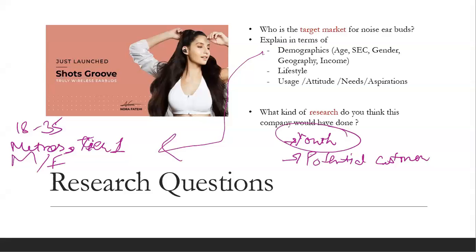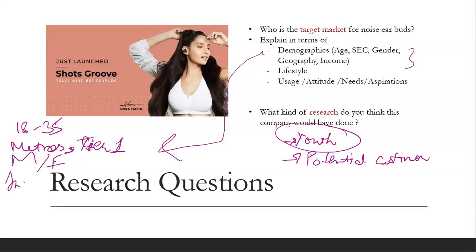So girls can also buy it, like you said, males can also do it. Definitely, females are going to be part of the target market, but yes, guys can also buy this thing. And then, okay, we have discussed age, SEC, gender, geography, income.